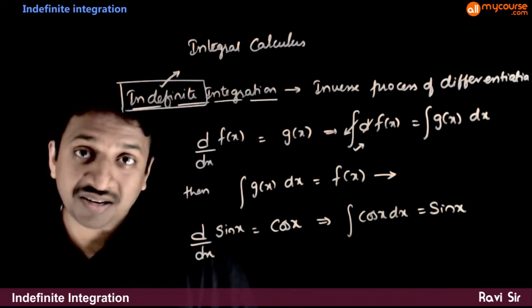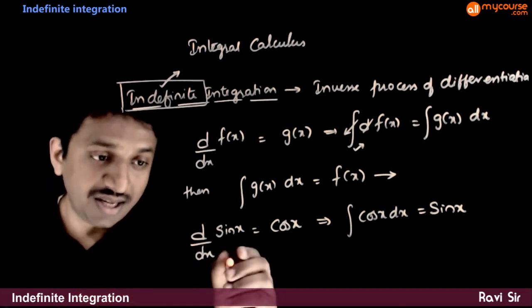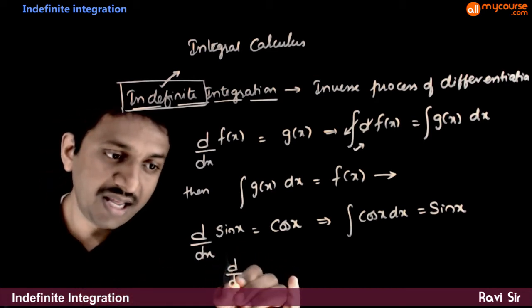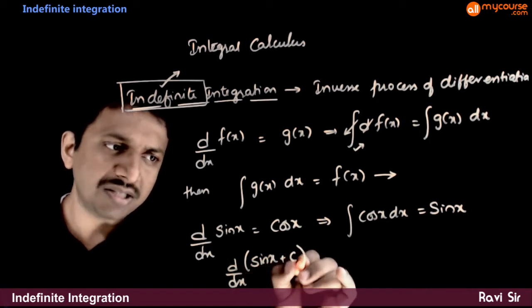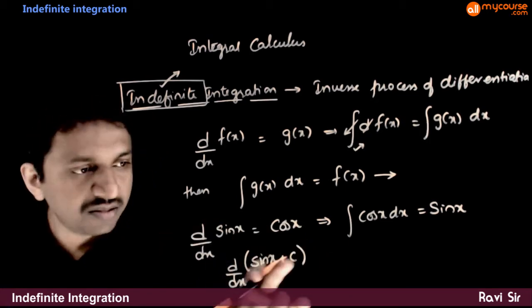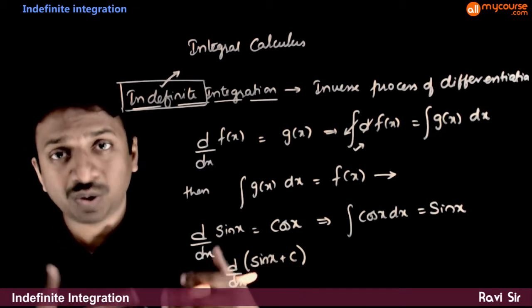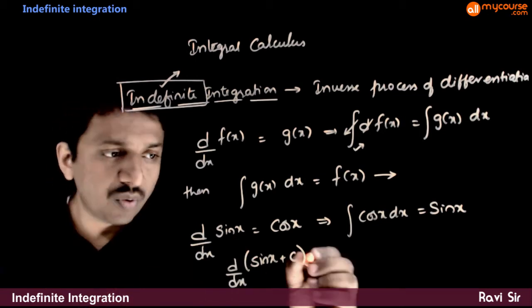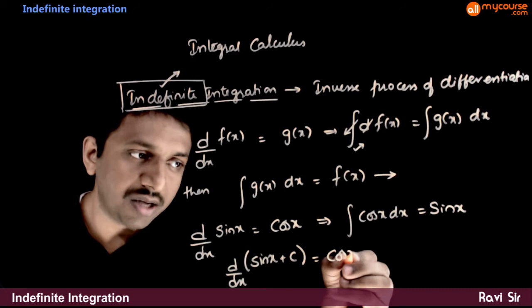But this is not it. There is some complication in this process. If you take d by dx of sin x plus any constant c, you can put any constant here, that is sin x plus 1, sin x plus 2, sin x plus 3, anything. What is the differentiation of sin x plus c? It is also equal to cos x, right?